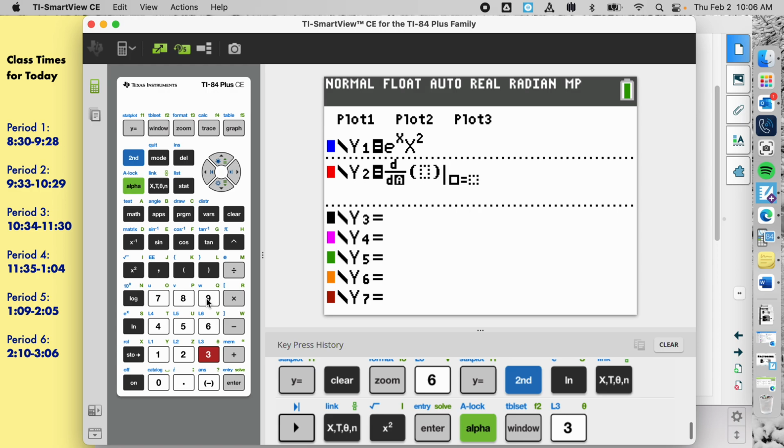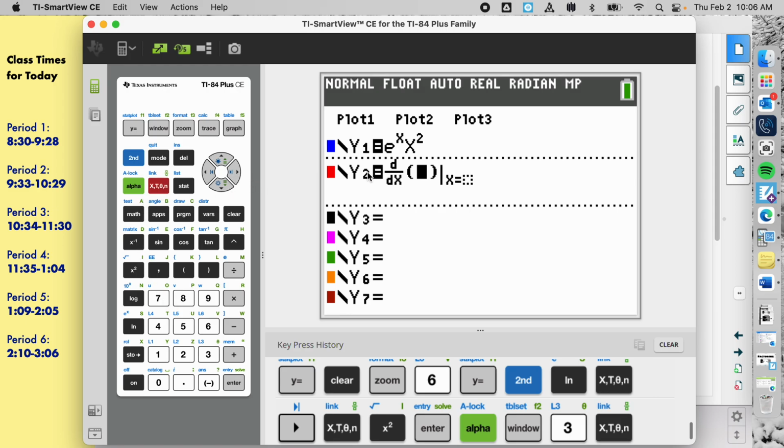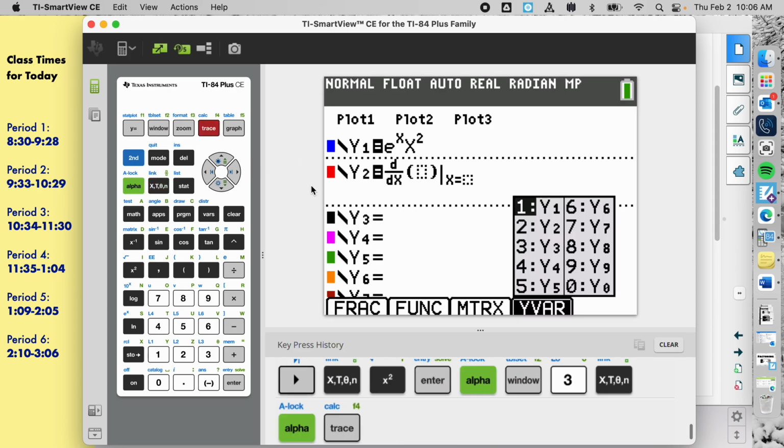Is there 83s in here? I can explain on 83 if somebody has one. Okay, so d dx, and then I can retype the original equation if I want. Otherwise, I'm just going to put y1 because that's the equation. So if I go to F4, that's where I can find y1.